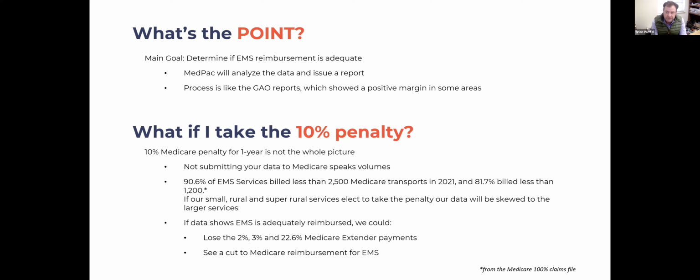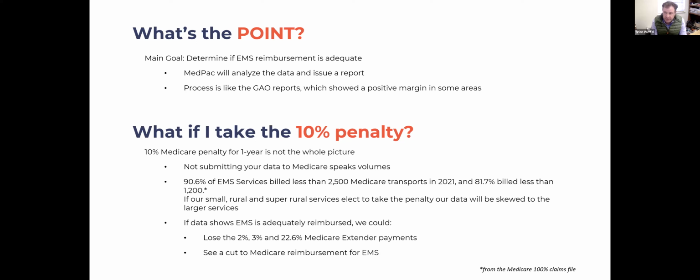Rather, they did it through a voluntary survey method. They mailed out questionnaires to selected ambulance providers, several of whom responded, many of whom did not. So as a result, there's just not any confidence that those survey results accurately reflect the financial health of the industry.